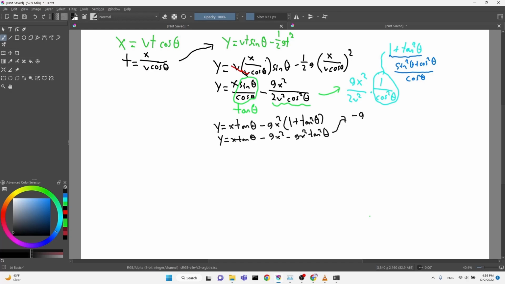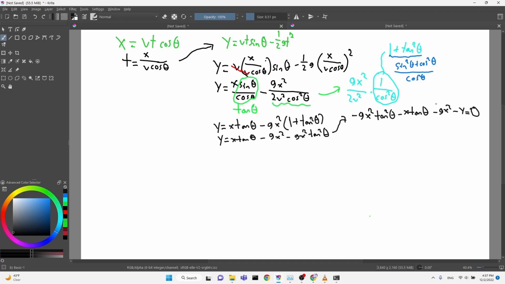We have negative gx squared tangent squared theta minus x tangent theta, and I'll tell you why I'm rewriting it in this order later. Minus gx squared minus y equals 0.